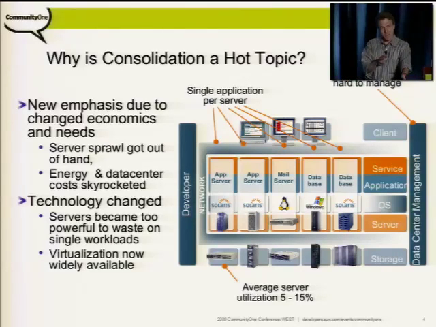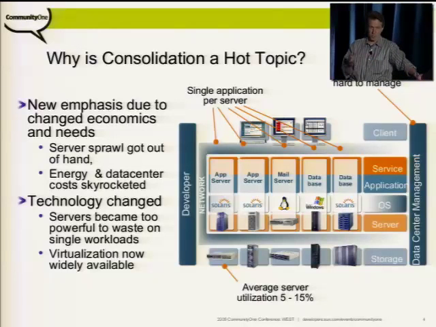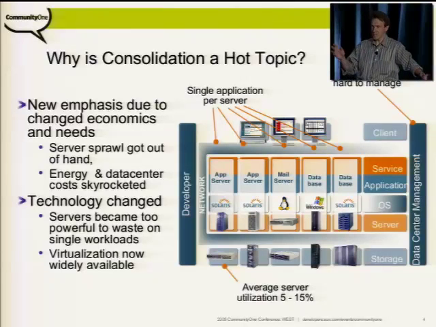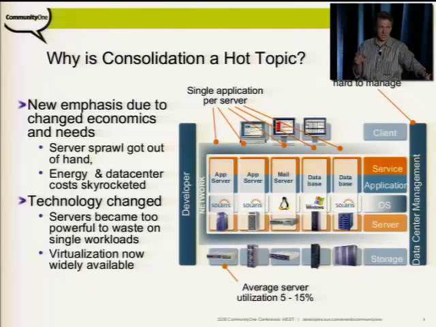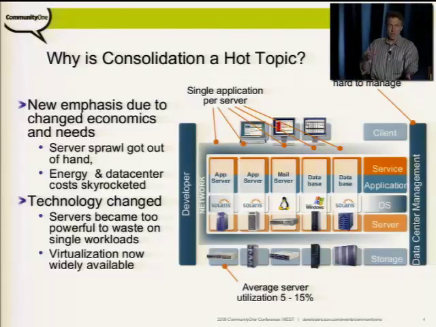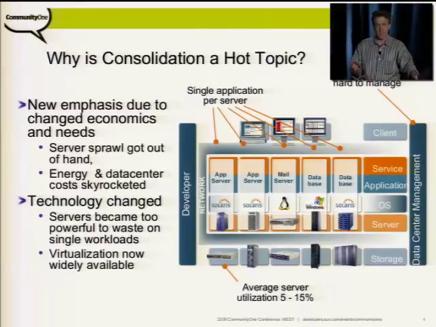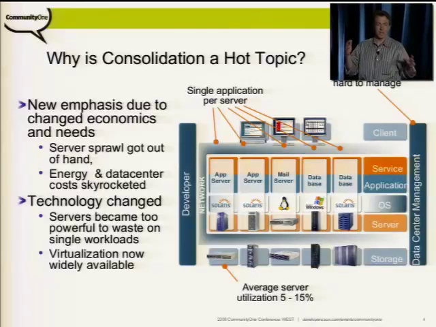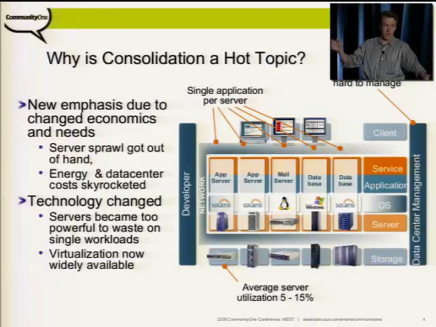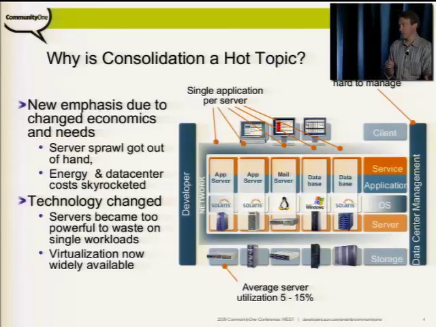So you wound up with a server sprawl situation in your data center where the average utilization on a lot of those systems was really low, in the 5 to 15% range. Over time, as other costs have become more important, they begin to outweigh the benefits of cheap servers and deploying every stack on its own system. Nowadays, power, space and cooling costs are becoming more of a factor and pushing the trend back in the other direction, not to deploy so many systems.